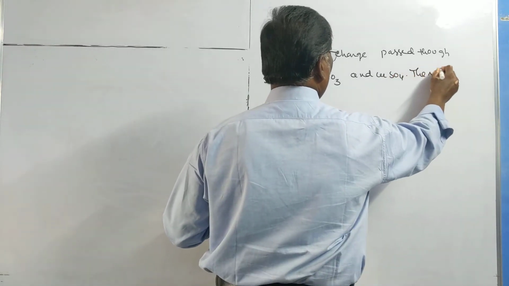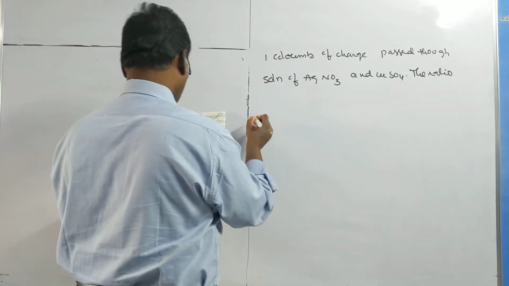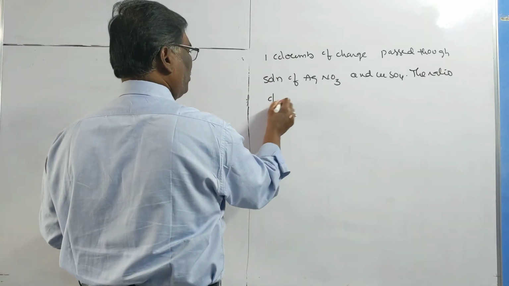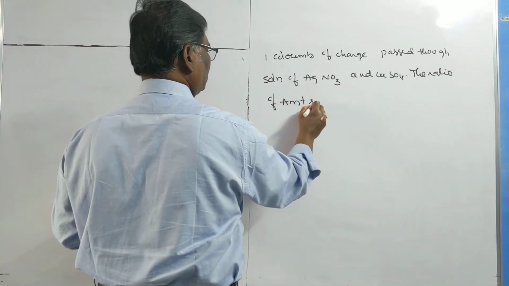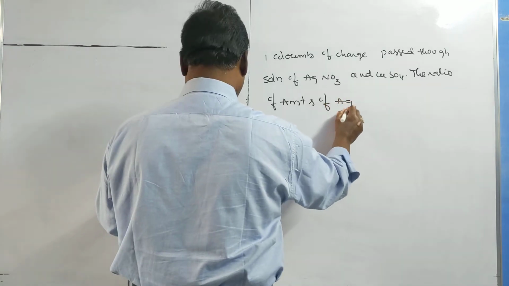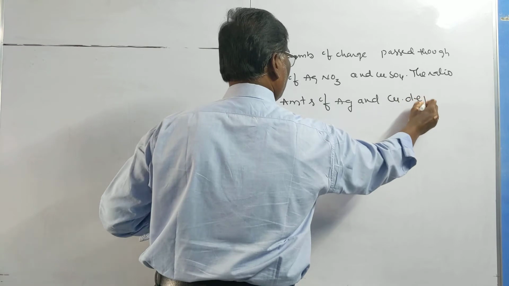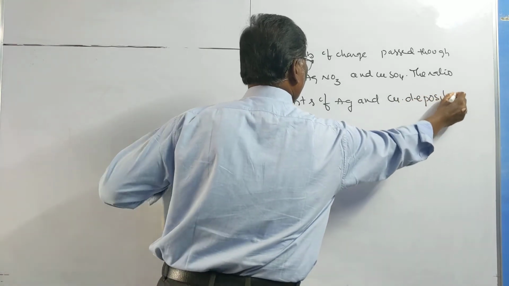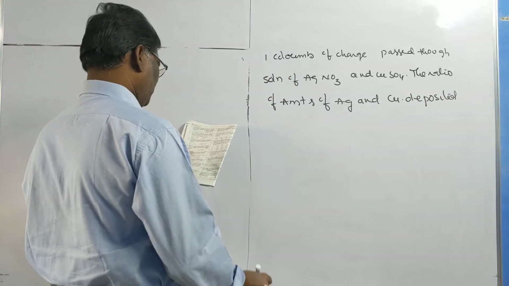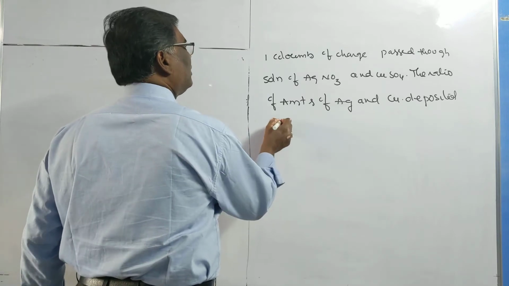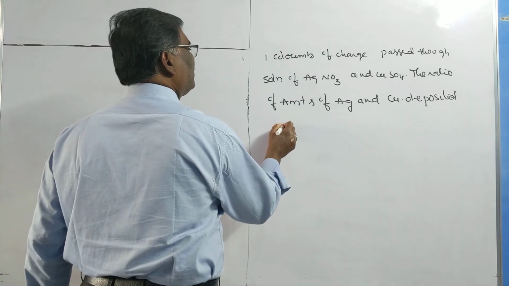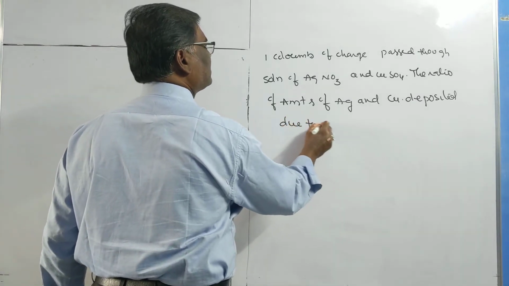What is the ratio of amounts of silver and copper deposited due to electrolysis?